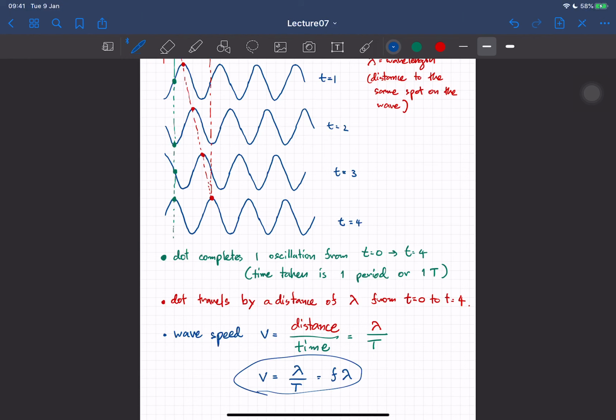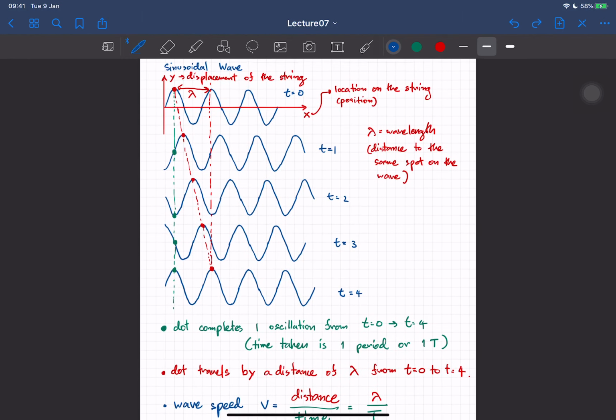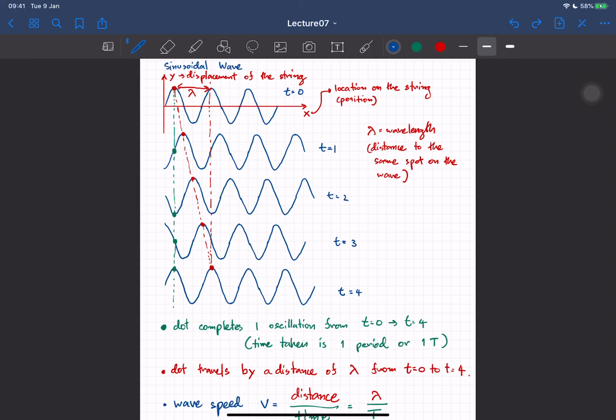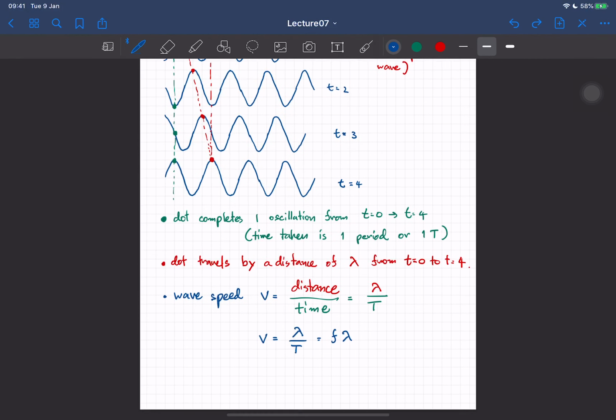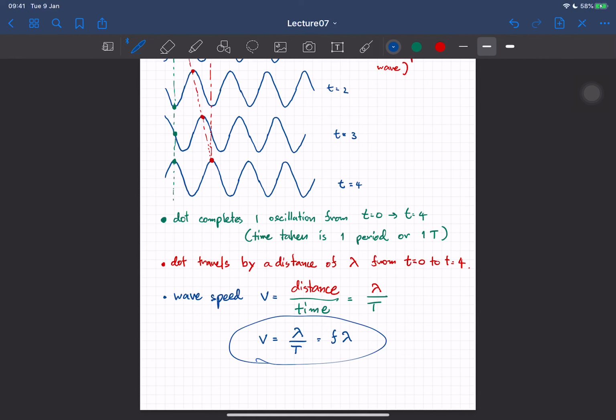I used the sinusoidal wave to derive this, and it might look like it applies only to a wave on a string, but it's actually true for any kind of wave that we're going to study. So sound wave, light wave, electromagnetic wave, all obey this formula here. So v equal to f times lambda. That's very, very important here.